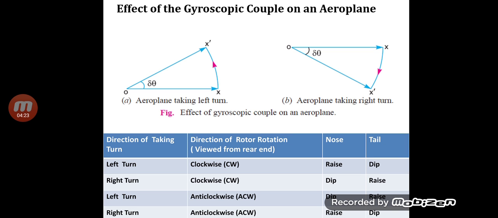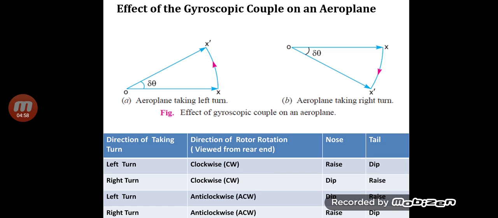Now the lower table shows how the gyroscopic effect will be there on aeroplane. While we are taking a turn, if we see the rotor and the whole engine rotating from the rear side of the aeroplane, while the aeroplane is taking a left turn, and if the rotor is rotating clockwise, then the nose will rise and the tail will dip automatically.